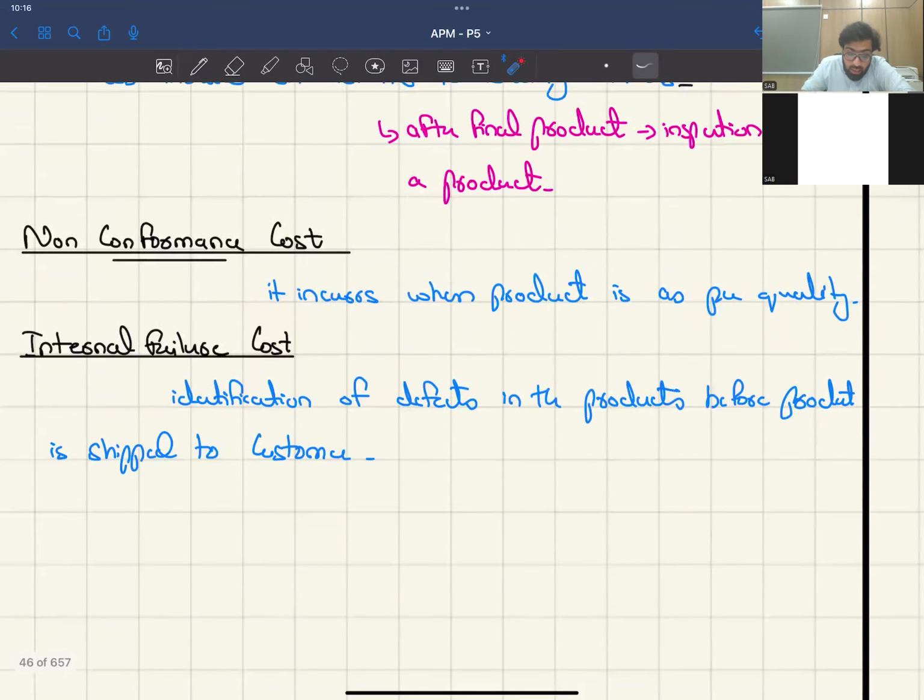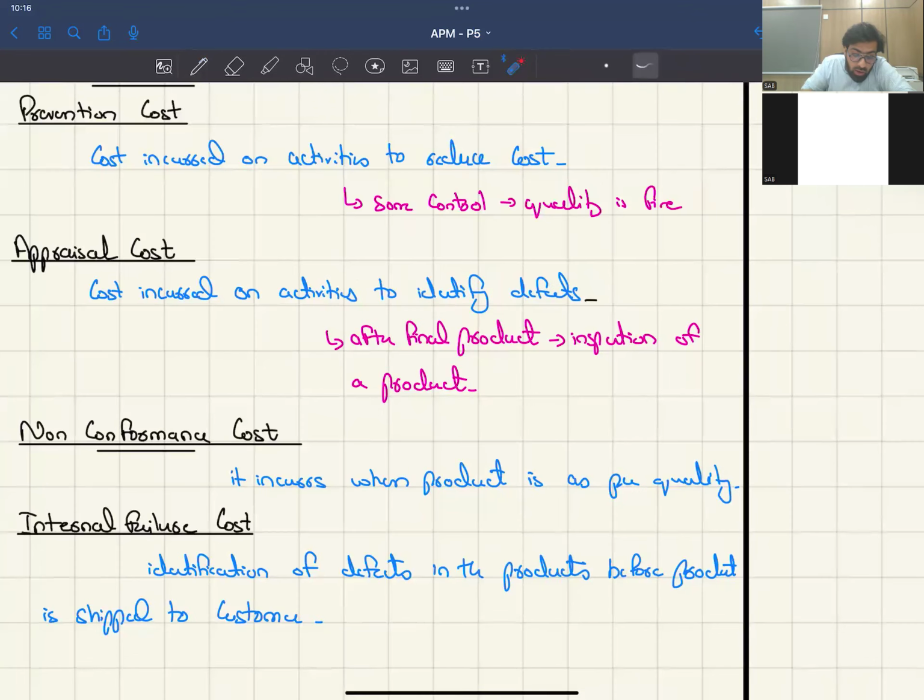Why were your errors not identified by incurring these costs? You incurred the prevention cost, some controls that tested, and then appraisal cost, that's testing of your product, significant testing, and after all that, why were no product issues identified?